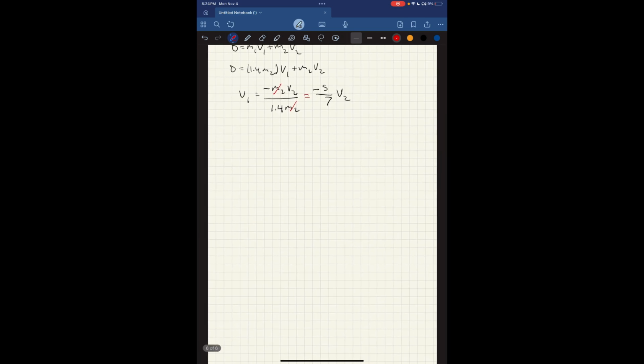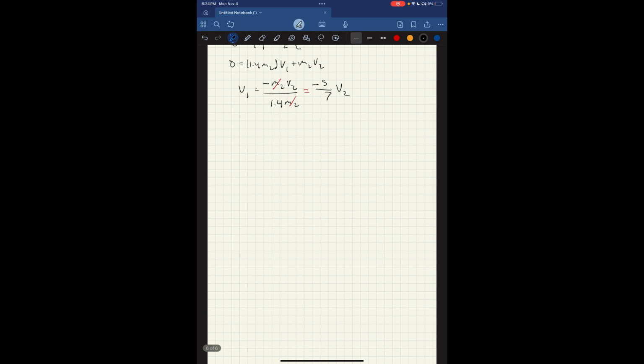So knowing that, we have 9,500 joules is equal to 1/2 m1 v1 squared plus 1/2 m2 v2 squared.